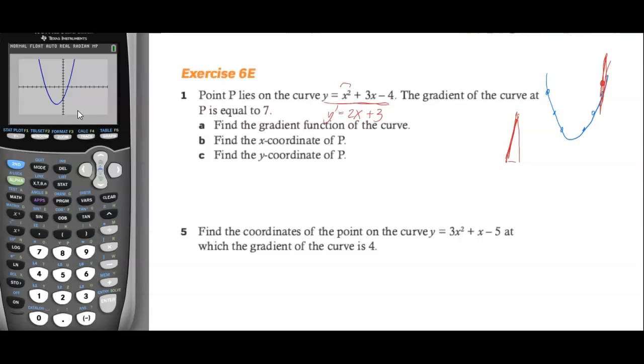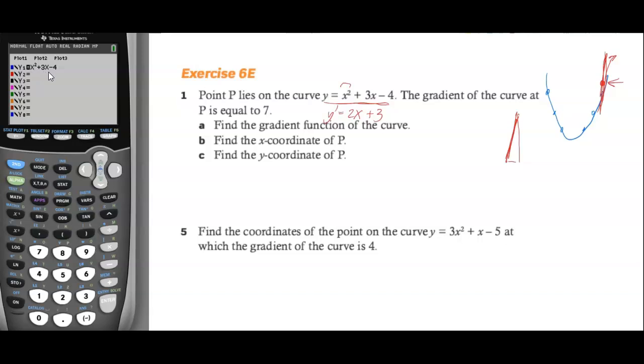We found the derivative function. Now, how do we find the coordinates of this point, knowing that we want this very steep slope of 7? This is a procedure that I'd like you to use throughout this packet.